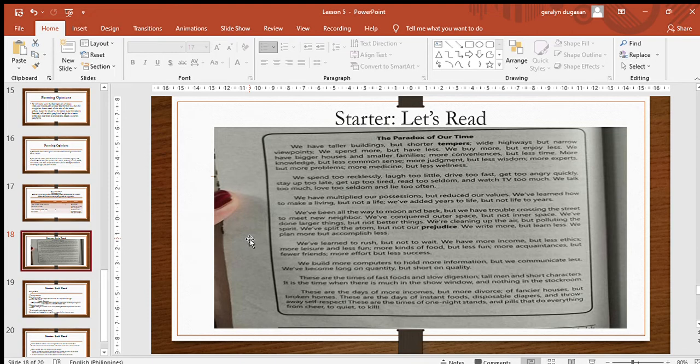We have more income but less ethics, more leisure and less fun, more kinds of food but less fun, more acquaintances but fewer friends, more effort but less success. We build more computers to hold more information, but we communicate less. We've become long on quantity but short on quality. These are the times of fast foods and slow digestions, tall men and short characters.